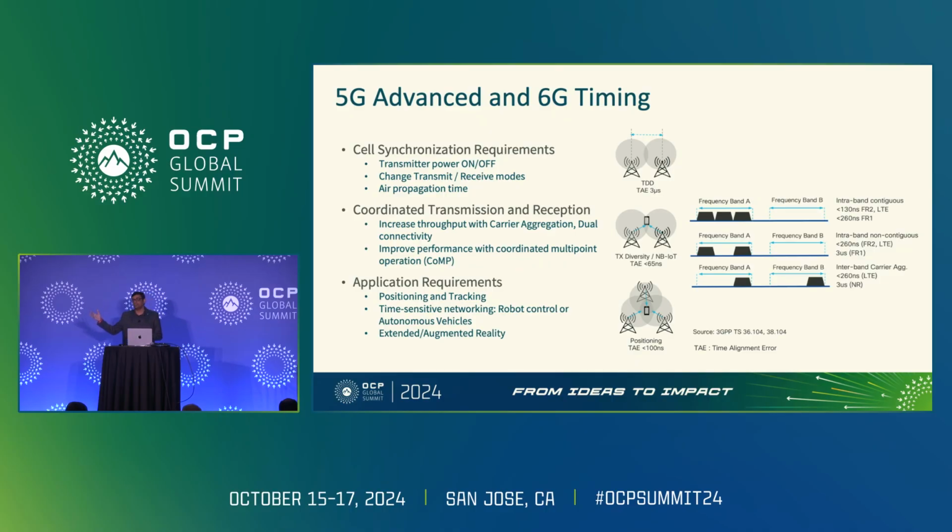But it becomes even more stringent, and the radios need to be in the range of a relative time error of less than 260 nanoseconds when we go into use cases of carrier aggregation or seamless handover within the radios within a cluster, right?